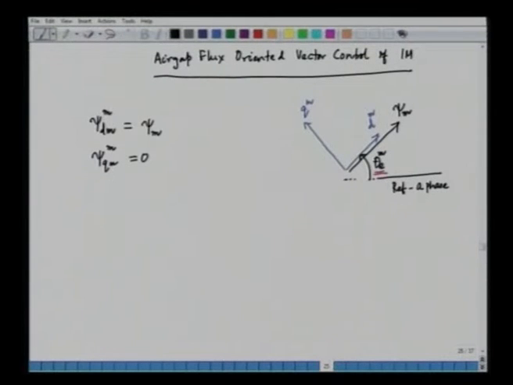If we project this psi m along this q axis, since this angle is 90 degrees, psi q m will be equal to 0.